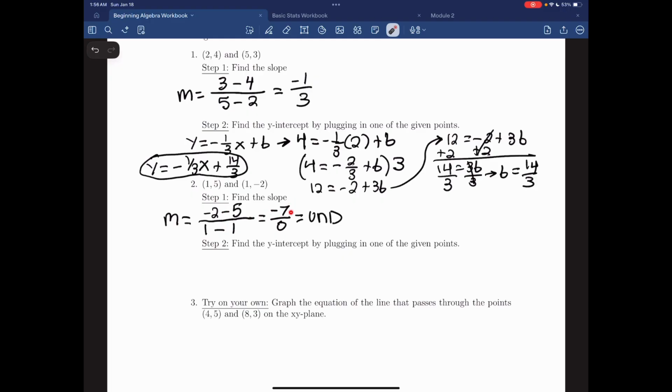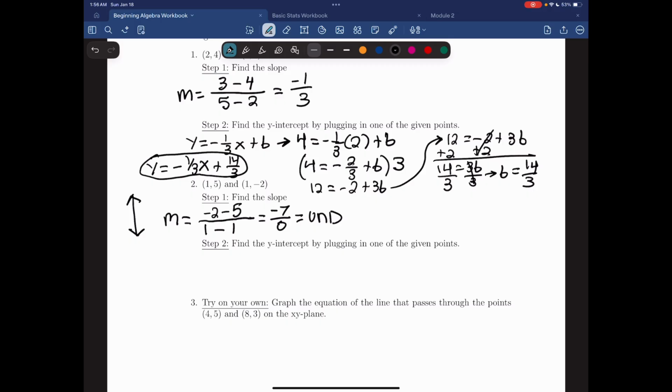So when we have some rise value but no run value, that means that we're rising forever with no run. Visually, what's going on is we have a vertical line. And remember, vertical lines have an undefined slope.